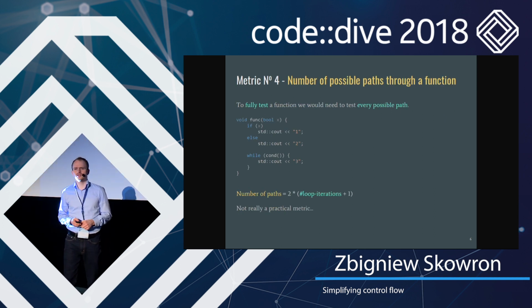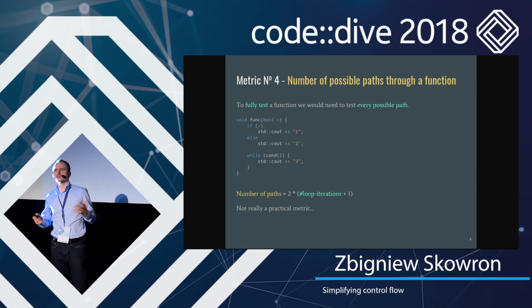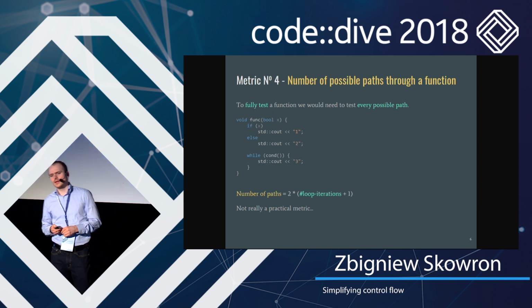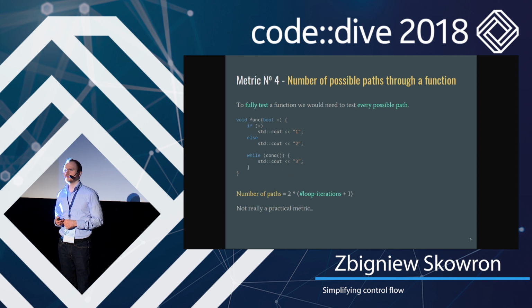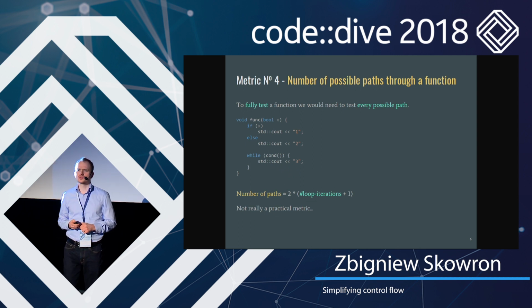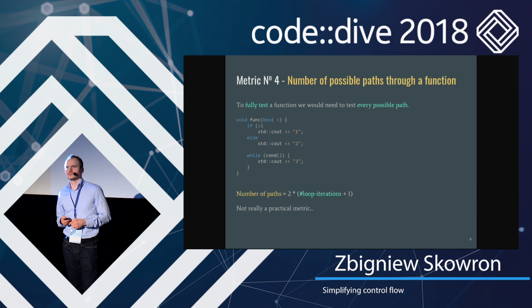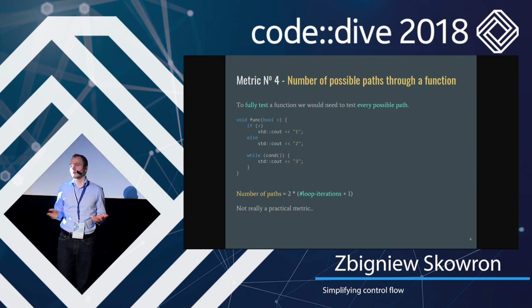Another metric is the total number of all possible code paths through our code. It gets big, and most of the time it's infinite. Our functions can have loops with arbitrary numbers of iterations, so we will have a lot of code paths. And to test a function fully, we would have to check all of those, which is impractical.